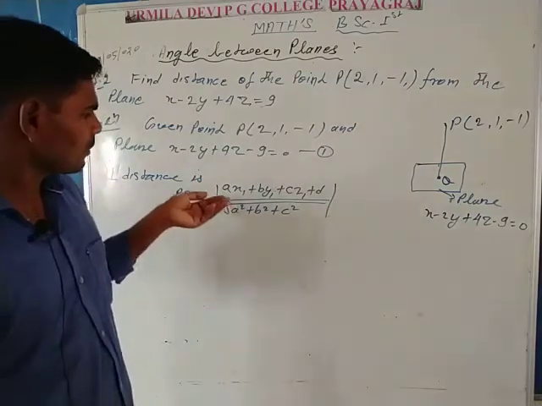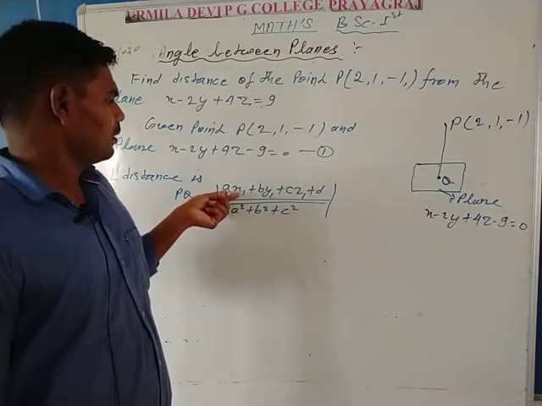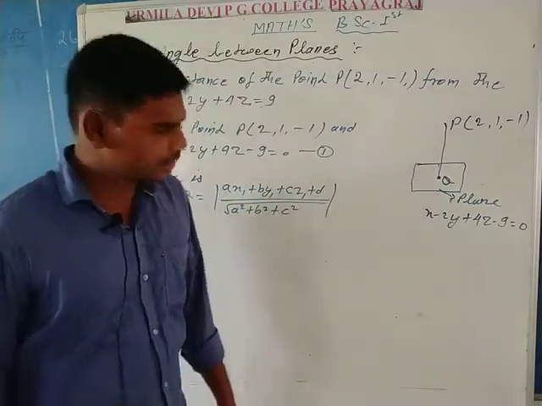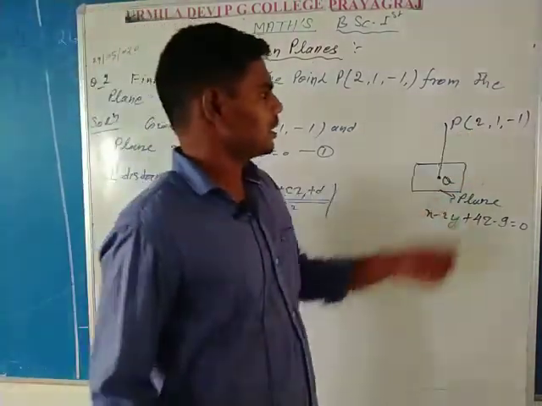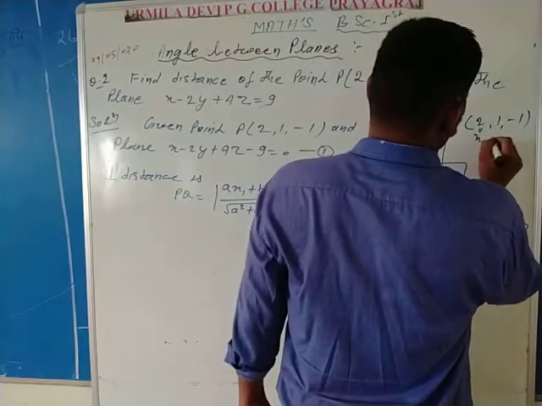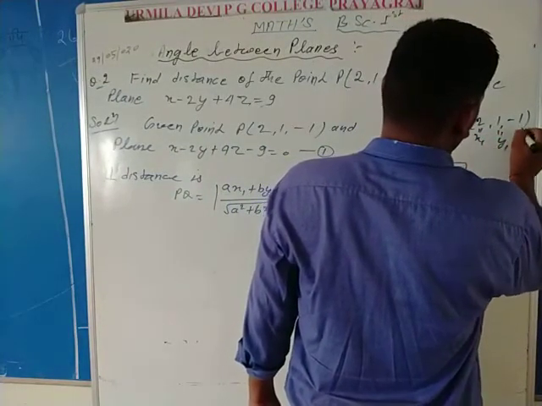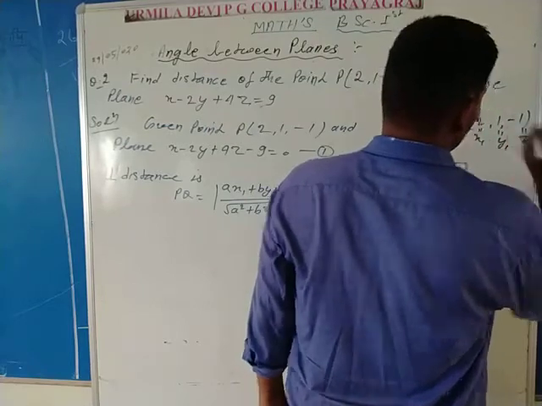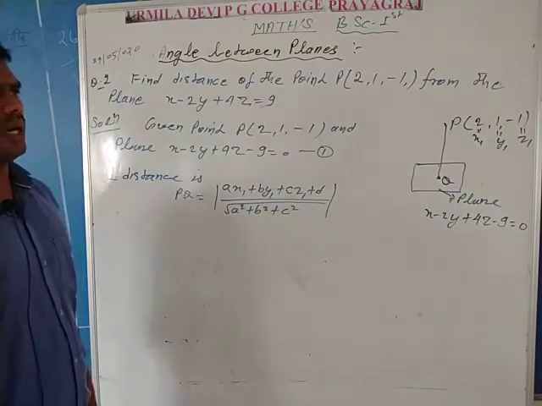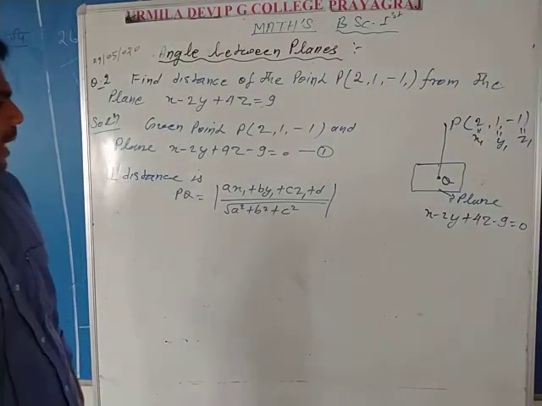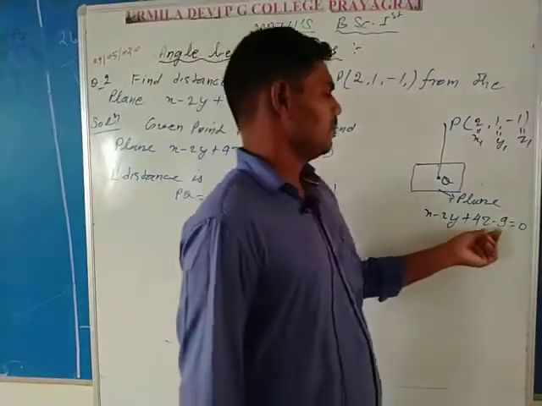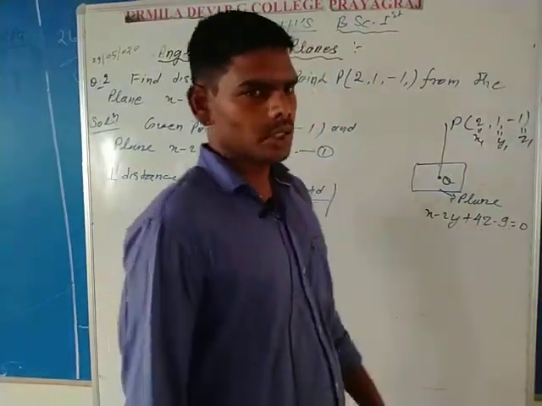Here x1, y1, z1 are the point's coordinates. So the given point coordinates are x1, y1, z1, and the plane is x minus 2y plus 4z minus 9 is equal to 0.